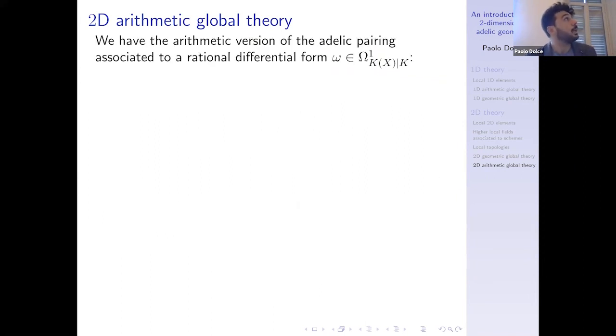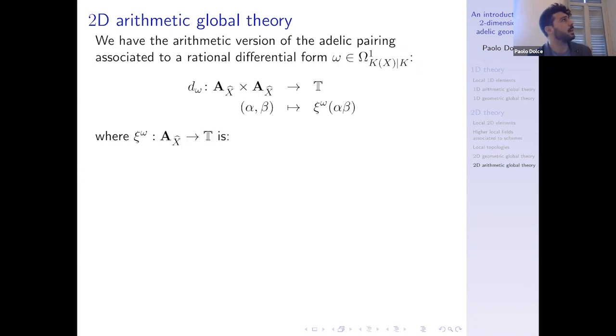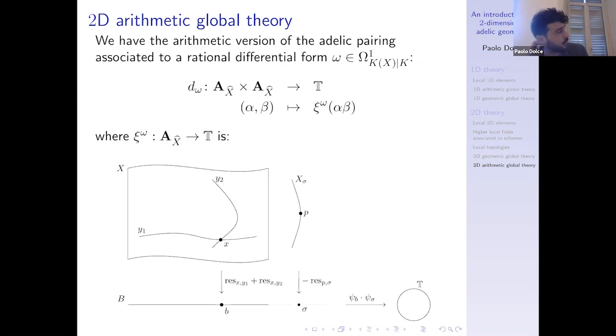Okay, so similarly to the case of surfaces, for a rational differential form, here we have a one-form because the relative dimension is 1. So this arithmetic surface is a relative object. You have this pairing. Now we'll say more about this pairing. So these are adeles.